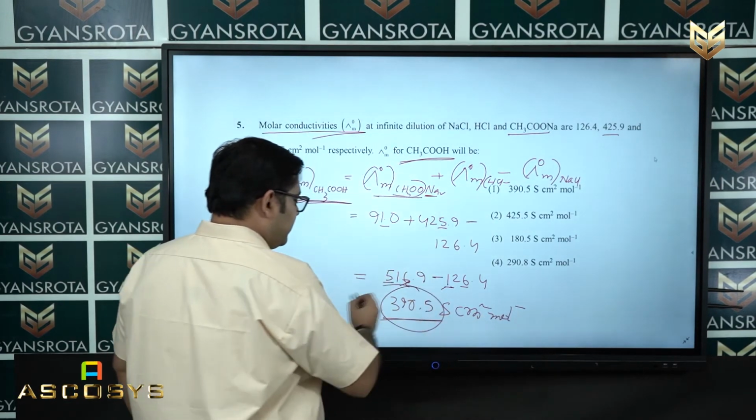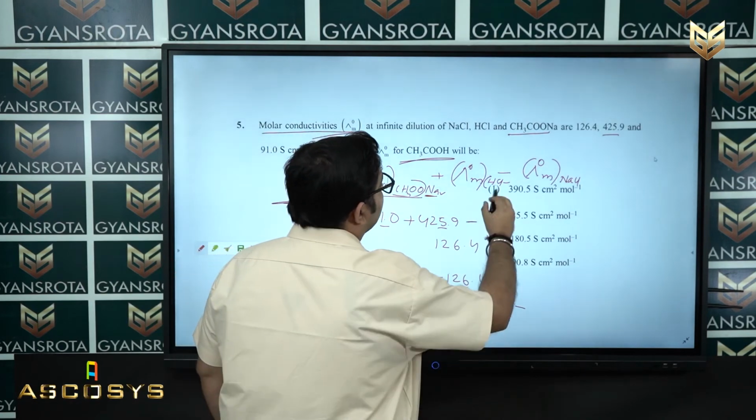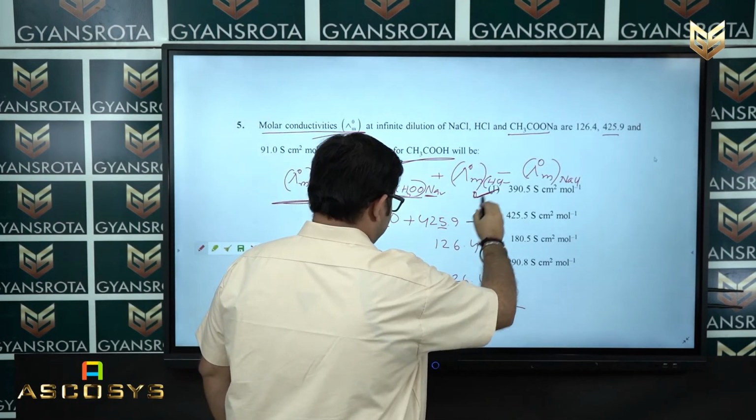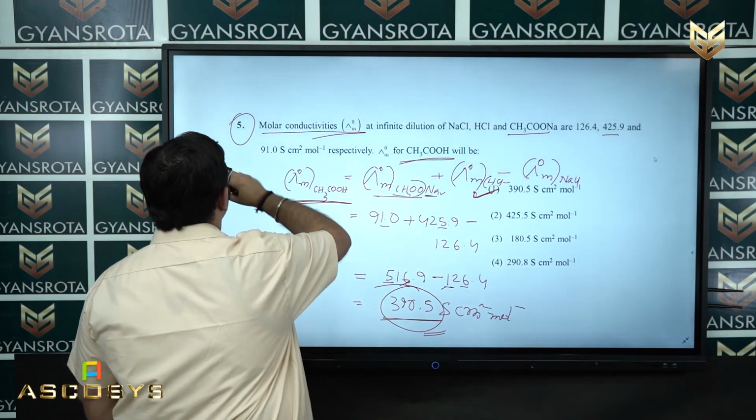So 390.5 is your correct answer. Among the options, option number 1 is the correct answer of question number 5.